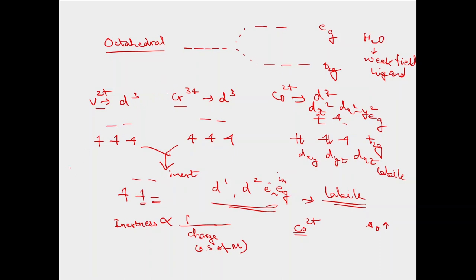This means that chromium 3+ is more inert than vanadium 2+, and therefore we get this order: the chromium aqua complex will have the least water exchange rate, followed by the vanadium aqua complex, and the maximum water exchange rate will be observed for the cobalt aqua complex.